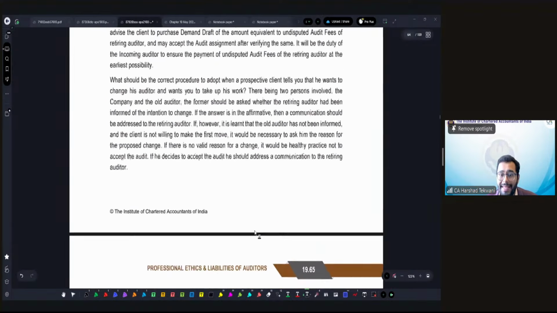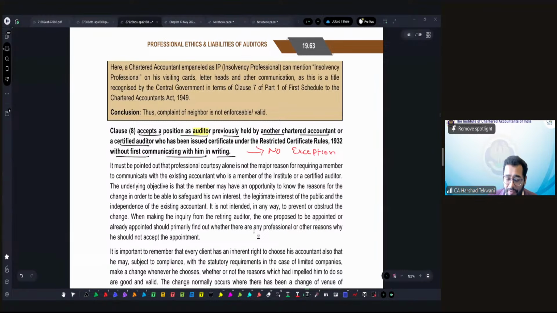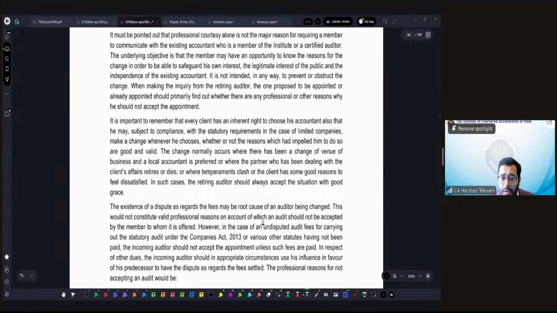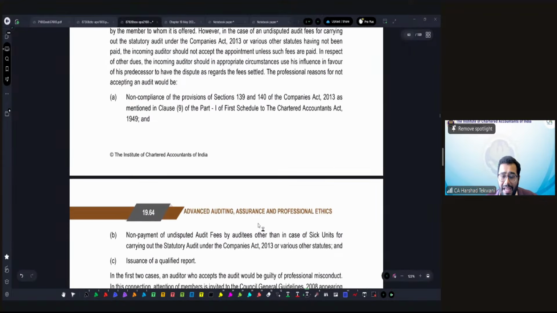Second thing is what to do after the communication. Let's say you communicated and he said, do not accept. Then there are three scenarios where you should not accept. One, pending fees: non-payment of undisputed audit fees. If that is the case, do not accept. Two, non-compliance with sections 139, 140: if he identifies a non-compliance, do not accept.